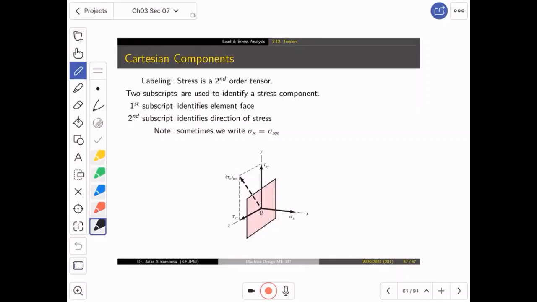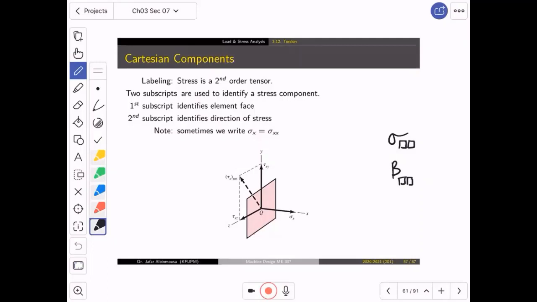If you want to write a tensor, sigma, beta, whatever it is, anything which is a tensor, it must always have two indices. This is called a second order tensor. That is why it has two indices. If you ask me whether there are higher tensors, I say yes.